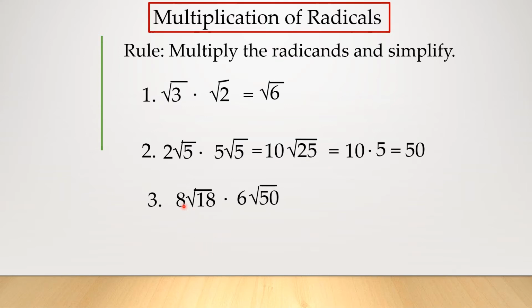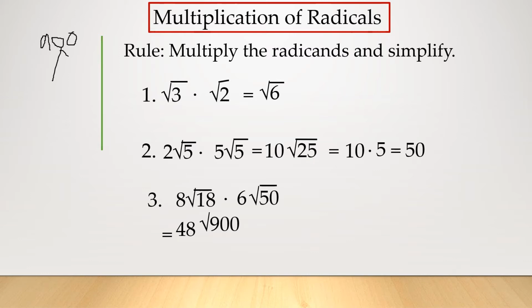Now here, I have 8 square root of 18 times 6 square root of 50. So now, you're just going to multiply 8 times 6, that is 48. And then 18 times 50, that is equal to 900. Now, 900 is actually a perfect square. But if you don't know if it's a perfect square or not, you can use prime factorization.